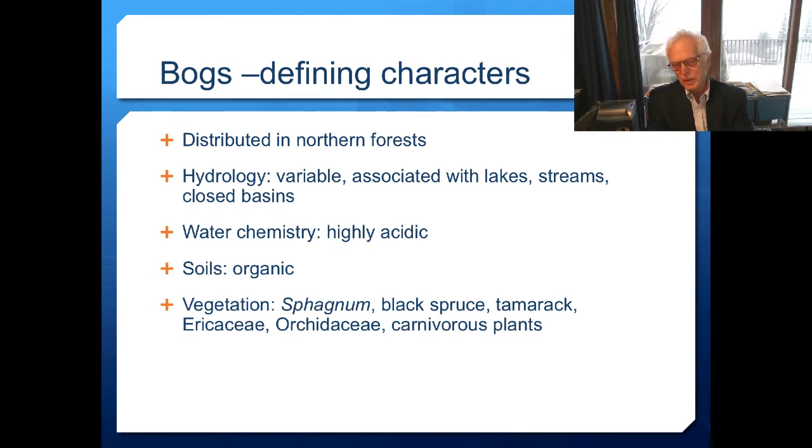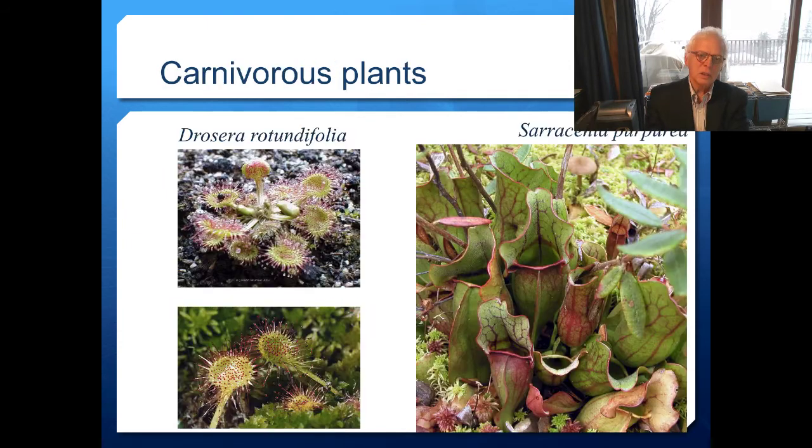The bogs tend to be pretty buggy, lots of insects, and so some of the vegetation that has evolved there would be the carnivorous plants, such as the sundew and the pitcher plant on the right, where the insects will crawl in and then basically be digested by the plant, and that's used as a source of nutrient material.